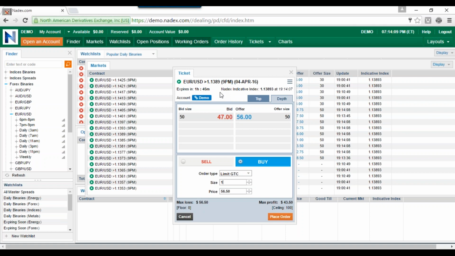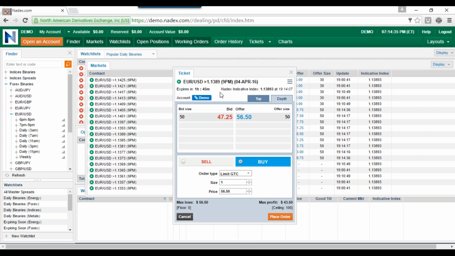So the nice thing about binaries is that with just a small move in the market, let's say it's a slow day or a slow night and there's not a whole lot going on, well, if you were to enter a spot FX trade, you're not really wanting to go into that trade just to get 3, 4, 5 pips of movement, right? You're looking for a bigger move.